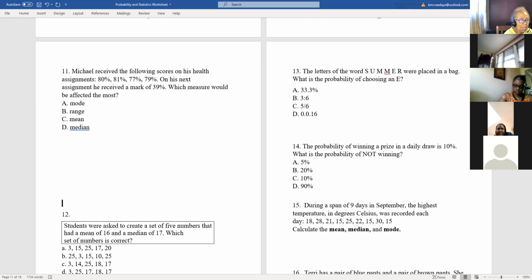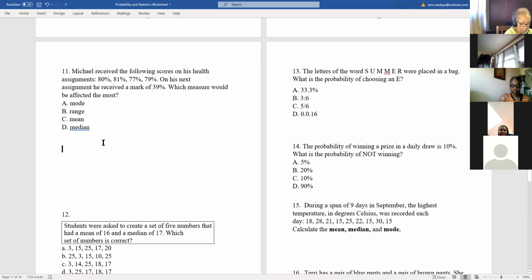You would add and then divide, I guess. You're right. What would you add? You add up the percentages, and divide by 4, right? Yes, ma'am. And then you put the 39 in, that would be 5 scores, and then you divide by 5.